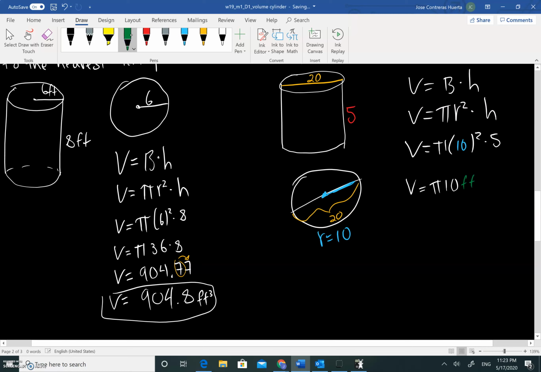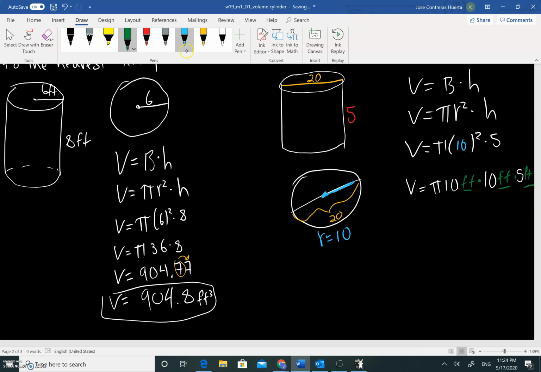So 10 feet times, again, 10 feet, because squared means times 2, and then times, the last part is going to be 5, and then again feet, right? Because the height is also in feet. So that's how we get our 3 feet. That's why it's feet to the cubed power.